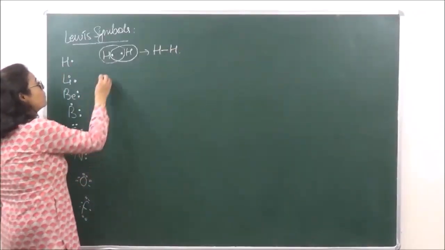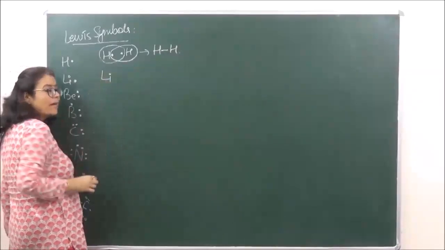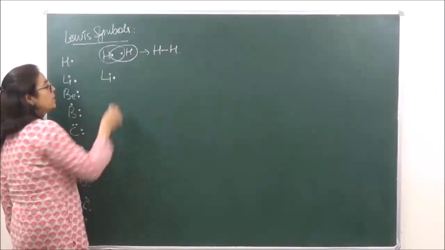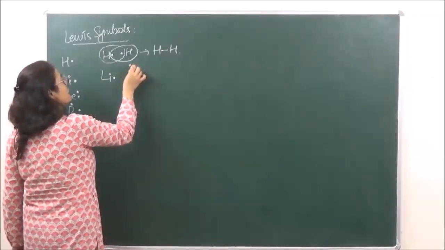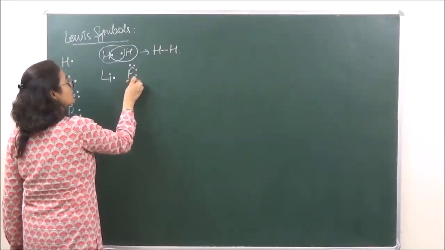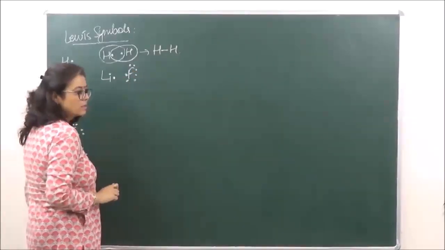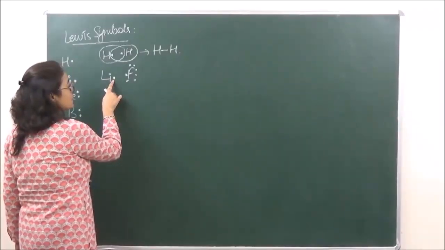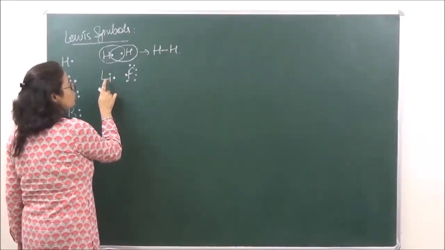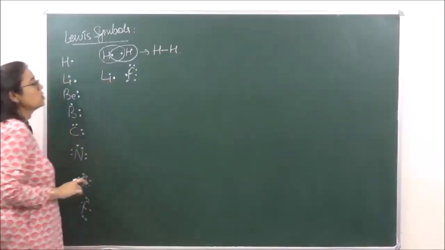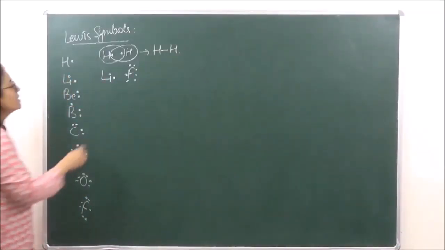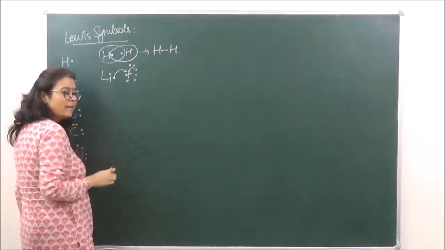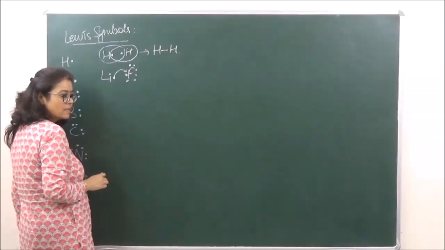If we need to form a bond between lithium fluoride, okay, so we know that lithium has 1 electron, whereas fluorine has 7 electrons. Okay, now in order to complete the octet, lithium has to donate this electron. So as a result, lithium donates this electron to go to an inner electronic configuration of 8.